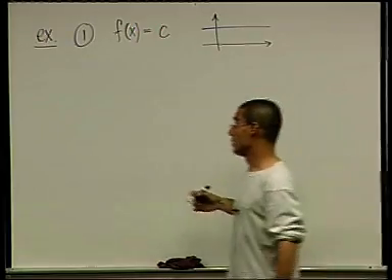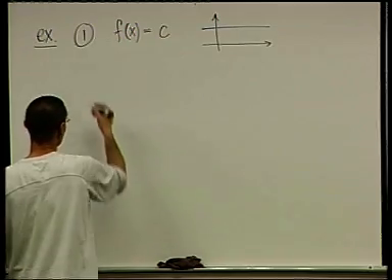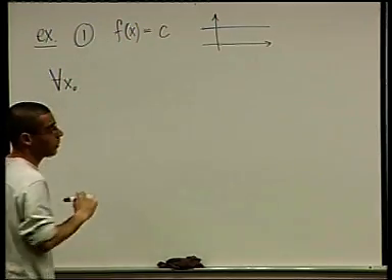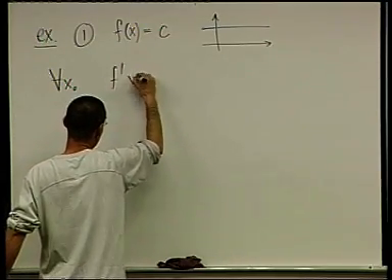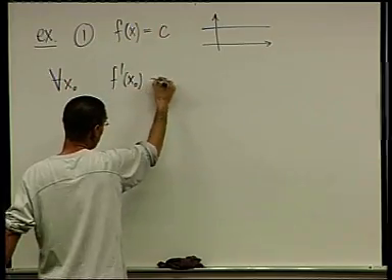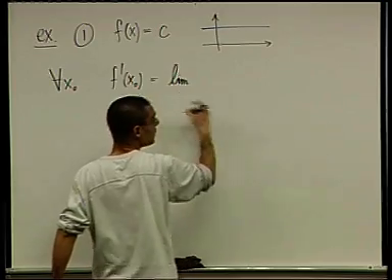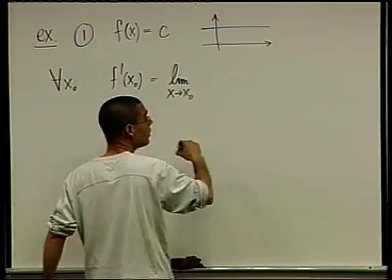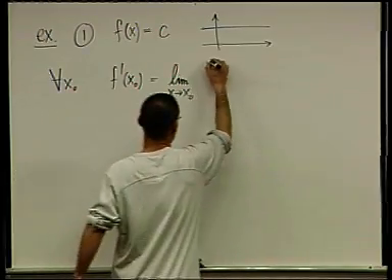Okay. But let's do it formally using one of those two definitions. So for any x0, it doesn't depend here what your x0 is. f prime at x0 is what? It is the limit. Let's use the first definition. x approaches x0. f of x, what is f of x? c.